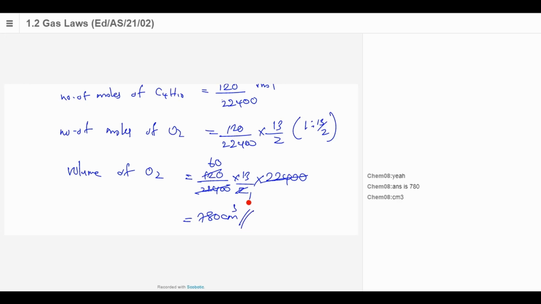So 120 cm³ of butane needs 780 cm³ of oxygen. In fact, 780 is 13 over 2 times 120. Got it?